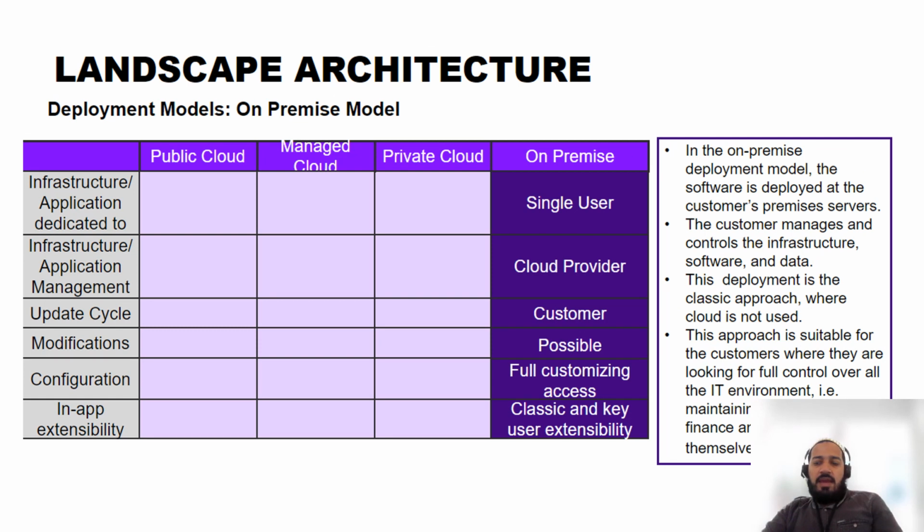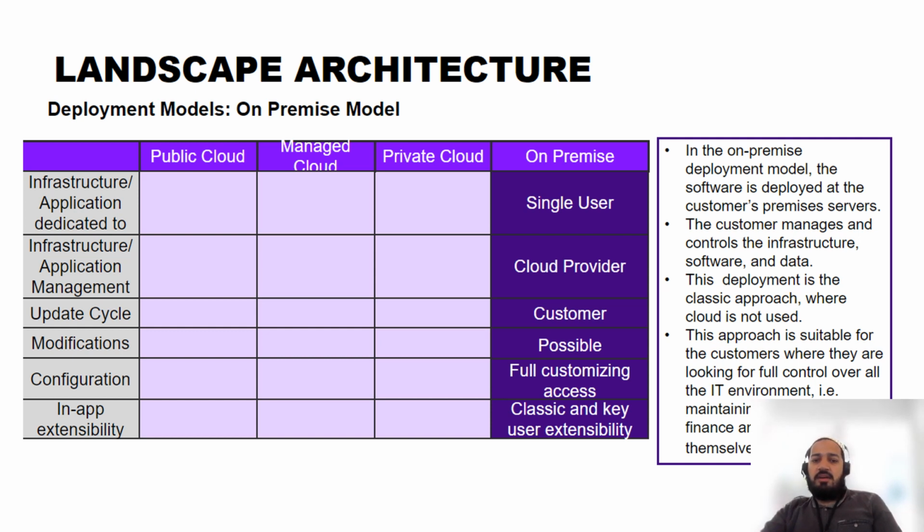Next, we have the deployment model as on-prem, and again it is a single user application dedicated to a single user. Application management is by the customer if it is on-prem. The update cycle is by the customer and modifications are possible.